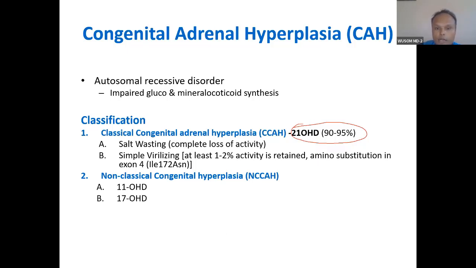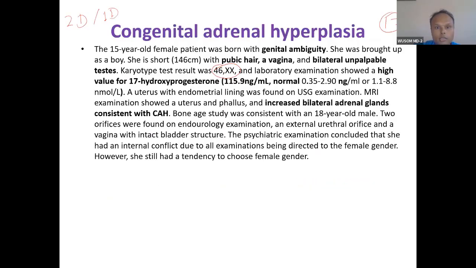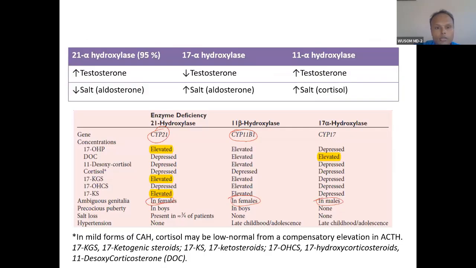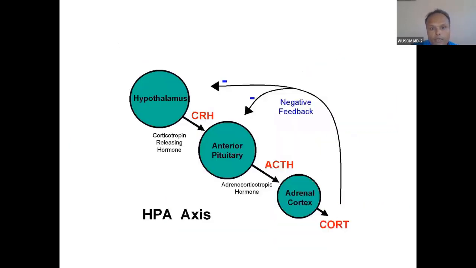I keep telling 21 alpha, but it is 21 hydroxylase. Remember: 21 hydroxylase, 11 beta hydroxylase, and 17 alpha hydroxylase. Replace this with 21 hydroxylase, because alpha cannot be written.